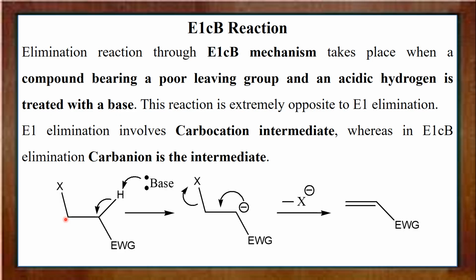This is alpha,beta elimination, or beta elimination taking place through a conjugate base intermediate. From this intermediate, the nucleophilic leaving group is pushed out to get an alkene as the product.